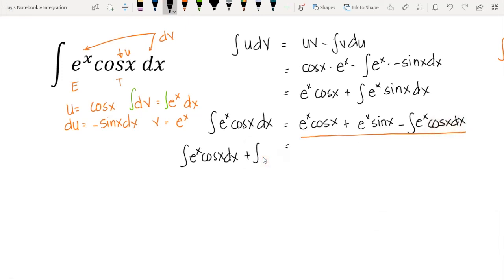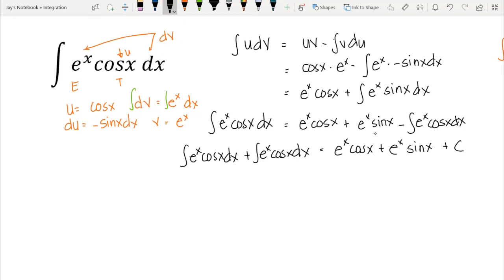The sign will change because it is negative here, therefore it would become positive, the integration of e^x cosine x dx. And this gives us the remaining, which is this term, that is e raised to x cosine x plus e raised to x sine x, then we have plus c.